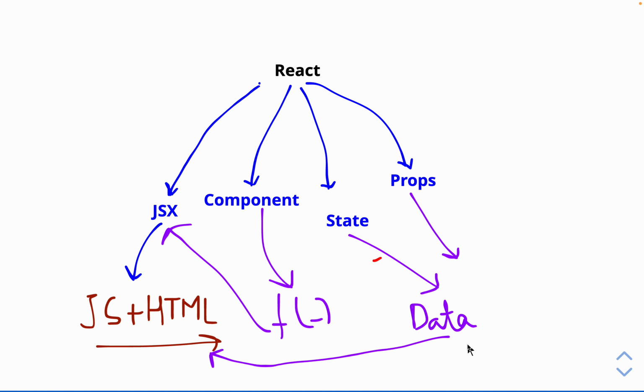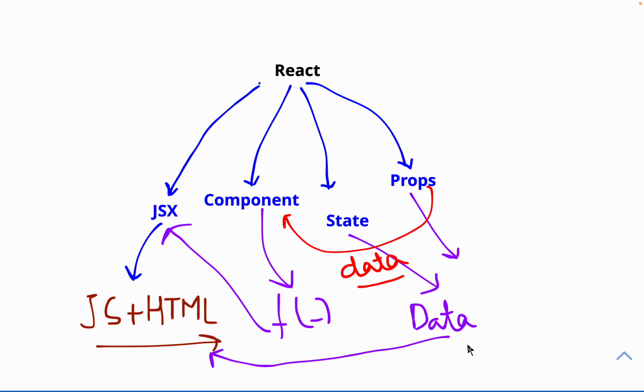So the JavaScript inside my JSX will be using my data, which will be my state. And again, the prop is that part of my component or my React app which is holding data, but that data is passed from one component to another component, right?